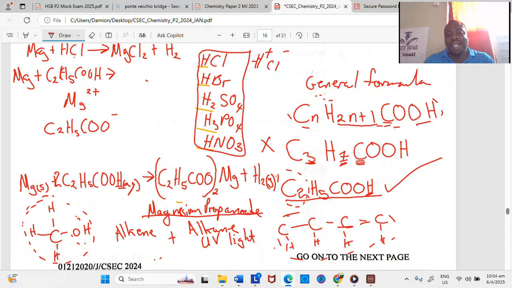Now, the alkanes, they burn with a blue flame. And so if you hear from one of those gas commercials, one of the things that they will promote as the gas to purchase is because it burns with a blue flame. It makes it much healthier because less carbon is given off.